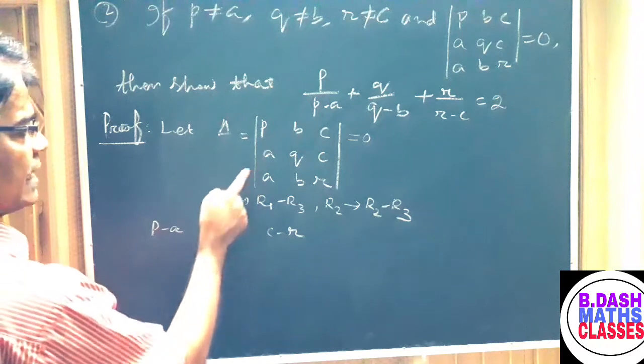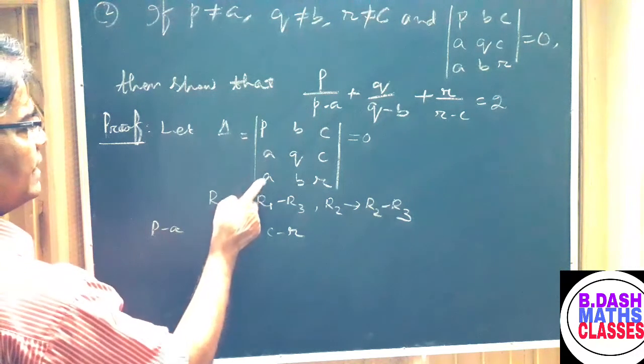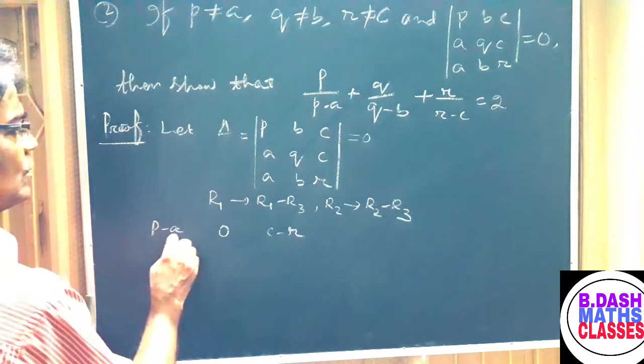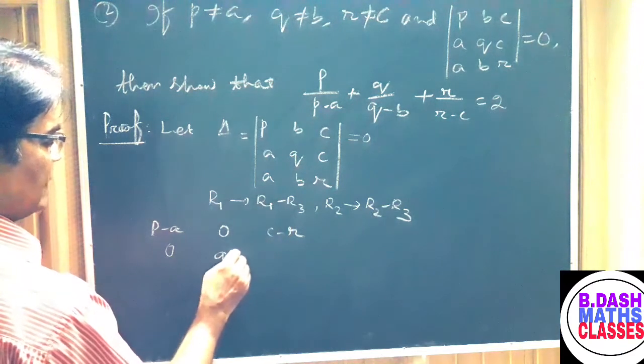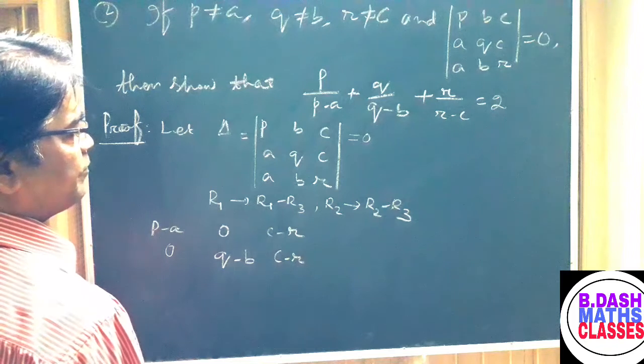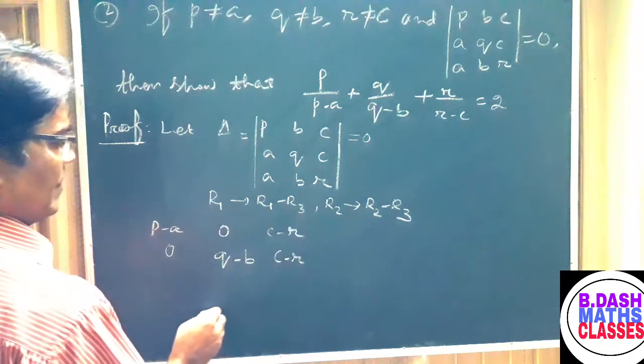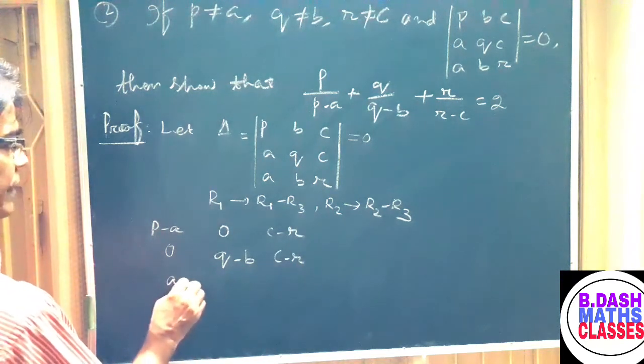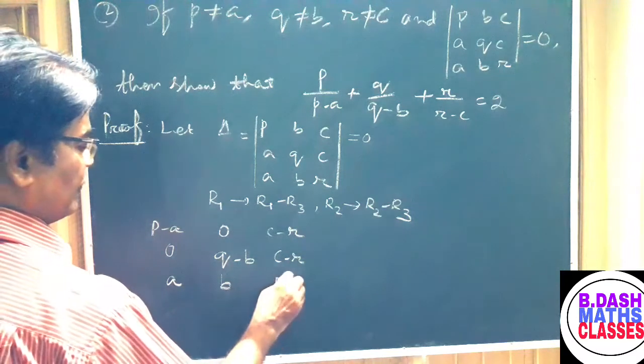The second is R2 minus R3: a minus a is 0, q minus b, c minus r. And the third row will remain as such.